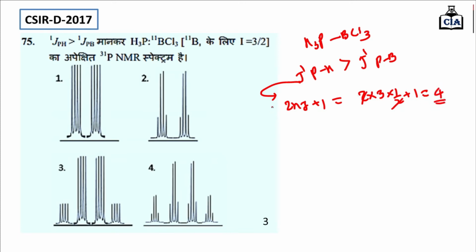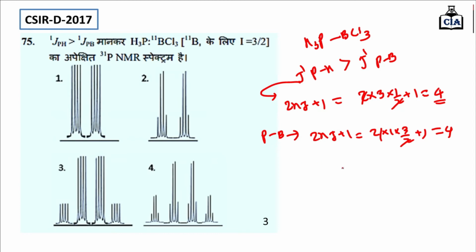Now next part, if we calculate the total number of signals given by this phosphorus boron coupling, here also 2nI plus 1: 2 into total number of boron atoms, which is 1, into I value 3 by 2 plus 1, so here also 4. But they have given that the coupling constant for phosphorus hydrogen is greater than phosphorus boron.